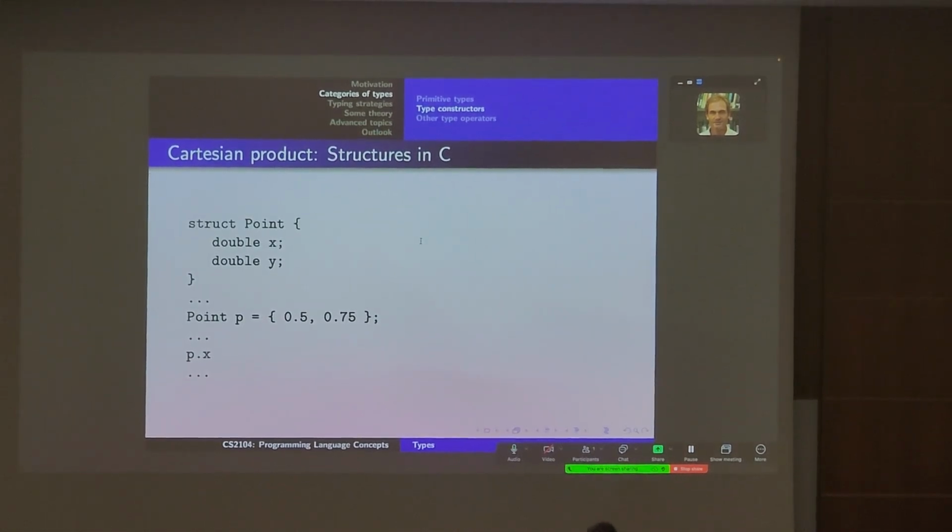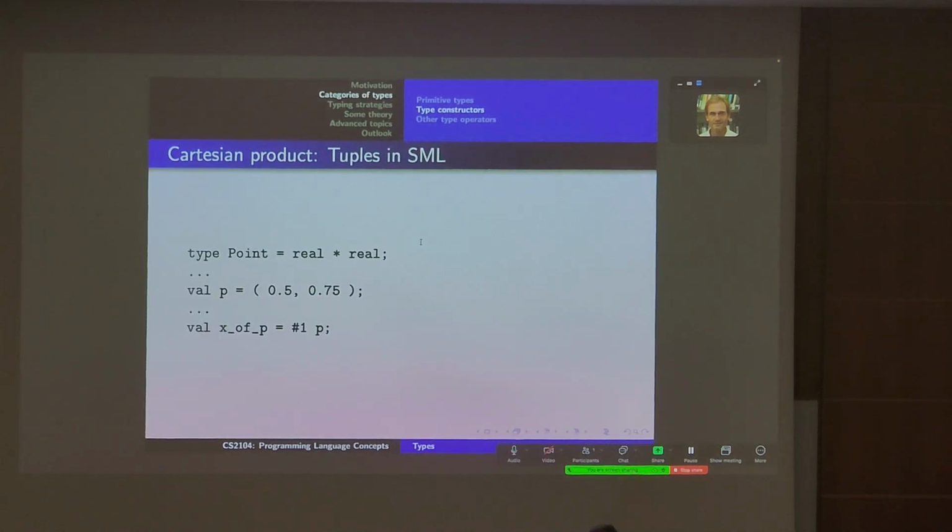No. In C, you have structures, structs. They are very similar to these records. They allow you to aggregate components into units, into separate units. SML, the same thing. We have tuples.